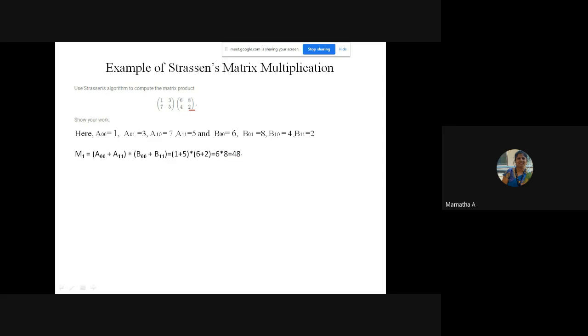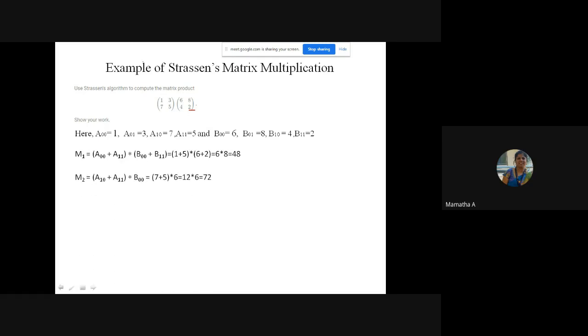Similarly, I want the values from M2 to M7 with formulas. One person can just tell me the formula for M2. You have noted it down, right, students? Ma'am, A10 plus A11 into B00. Okay.